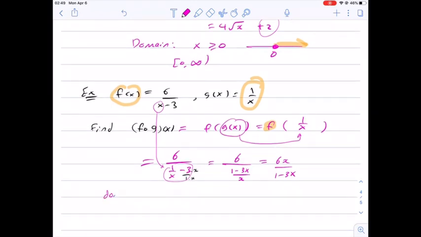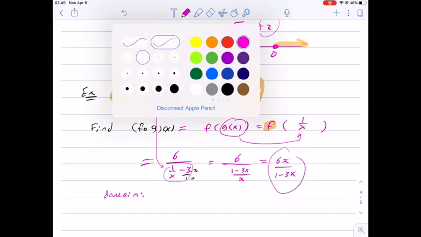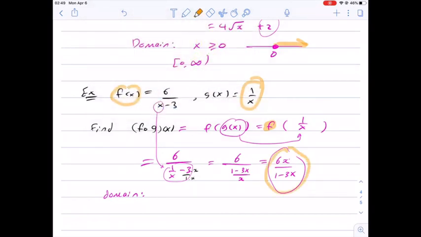Now we need to find the domain. What is the domain? The domain, we look at this expression, and for this expression we only have a problem with the zeros of the denominator. So we need to find zeros of the denominator. So we set the denominator equal to 0 and find the value of x here.